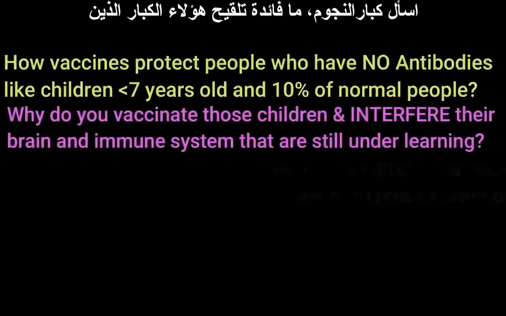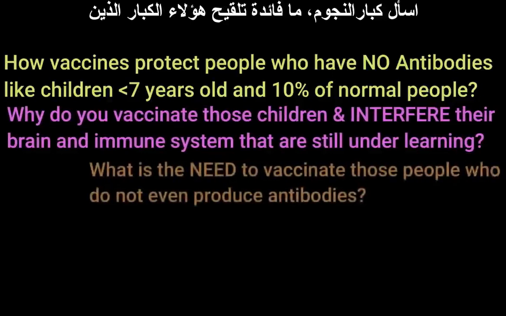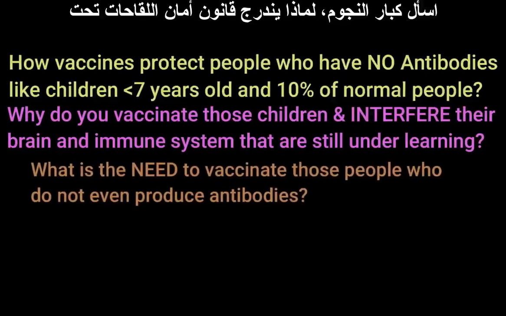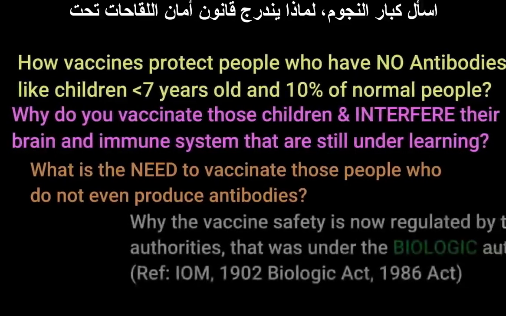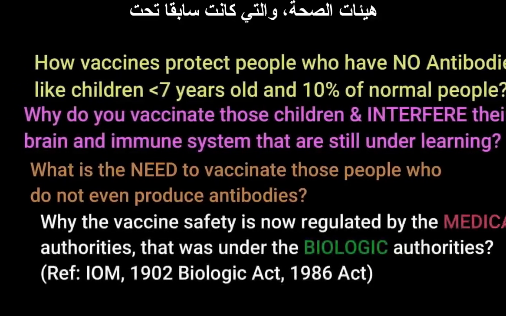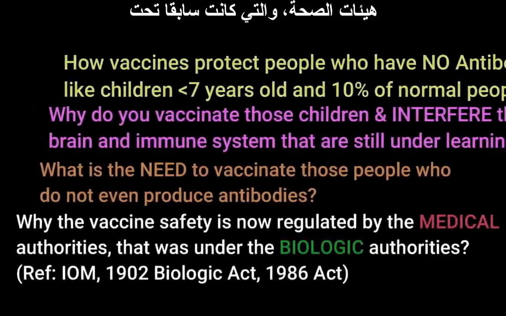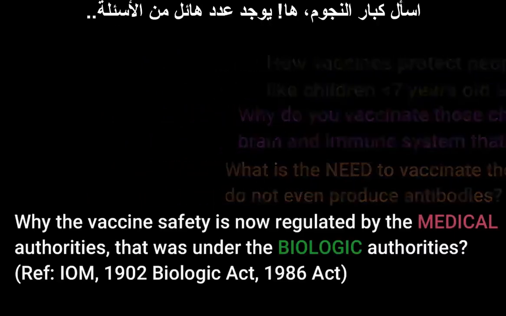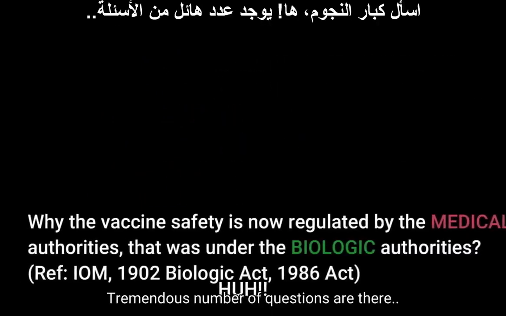Ask the superstars what is the need to vaccinate people who don't even produce antibodies. Ask the superstars why vaccine safety is regulated by medical governmental authorities rather than a biologic authority. Ask the superstars. A tremendous number of questions are there.